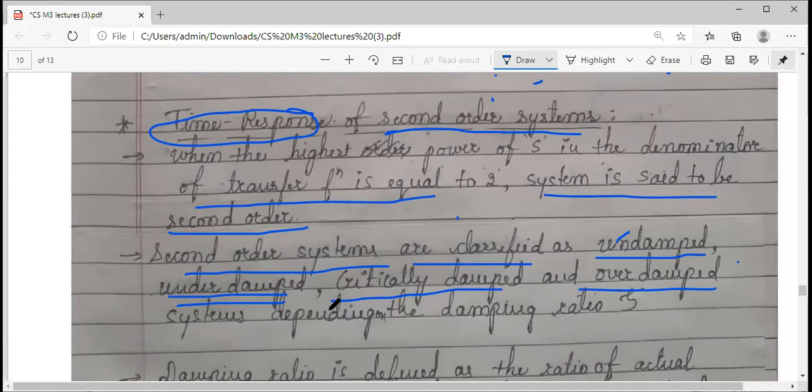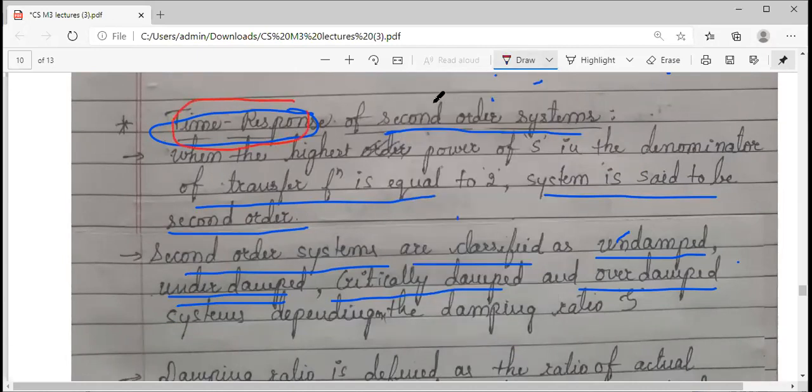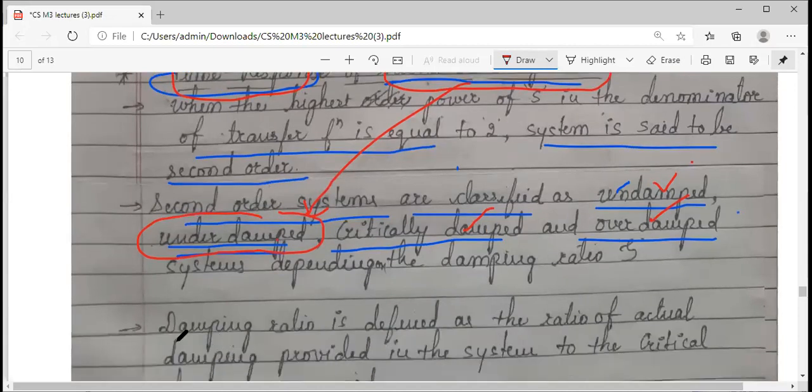Out of these 4 categories, we will be finding the time response of a second order system for the underdamped case. Whatever we analyze in today's session, we can do similar analysis for the remaining 3 systems also.